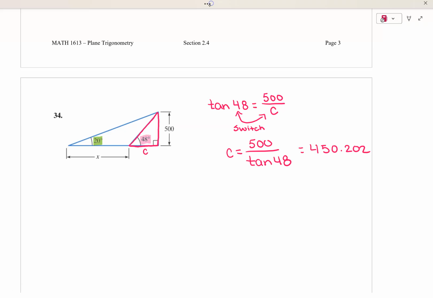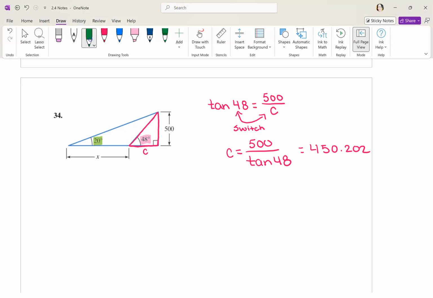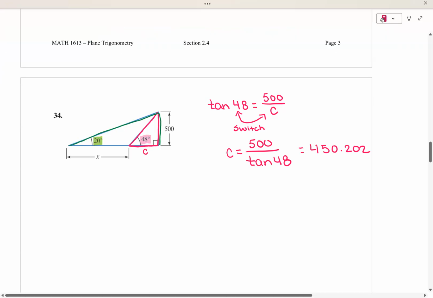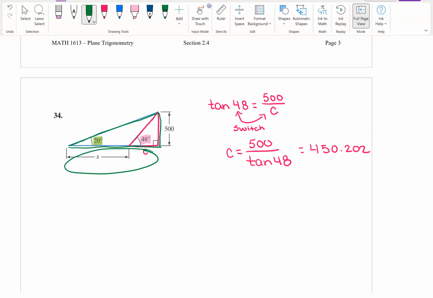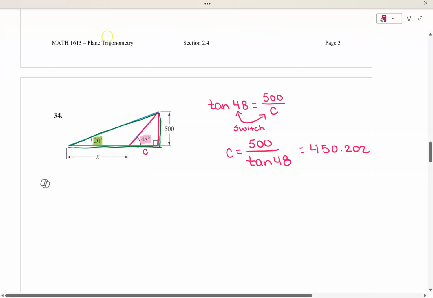There we go. Okay, so now we're going to look at the triangle with the 20 degrees. So we've still got our 500, but now this length is both of them together. And so we had said that this c is equal to 450.202.